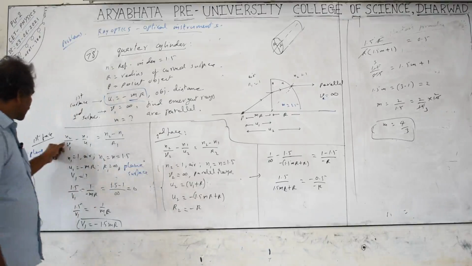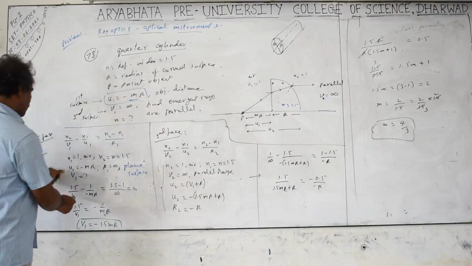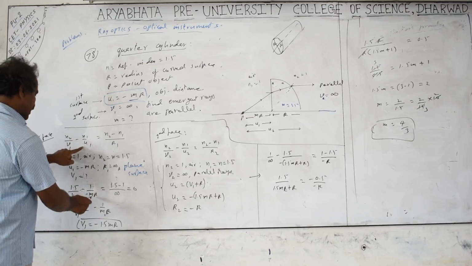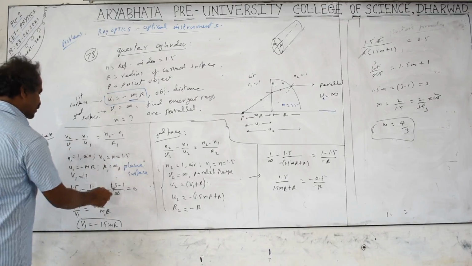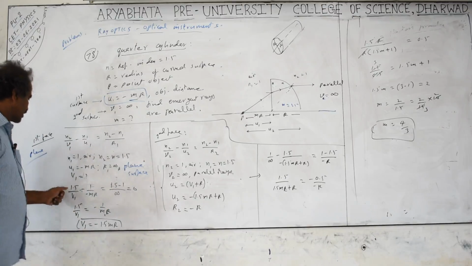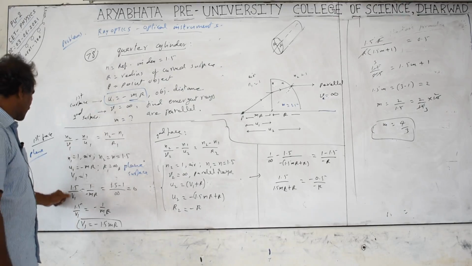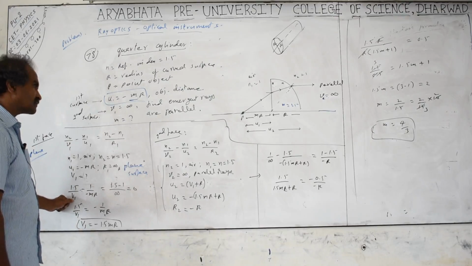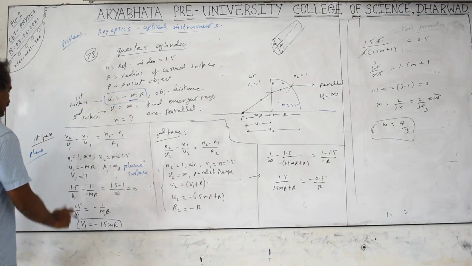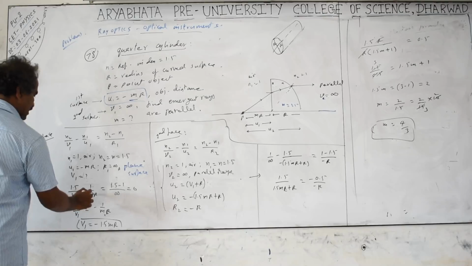Next, substitution of these values: n2 is 1.5 by v1 minus n1, which is 1 for air, by u1, which is minus mr, equals n2 1.5 minus n1 1, by r1, plane surface, infinity. 1 by infinity is 0, so this part becomes equal to 0. Therefore 1.5 by v1 minus into minus becomes plus 1 by mr, equal to 0.